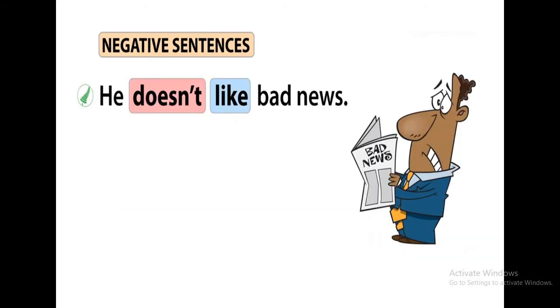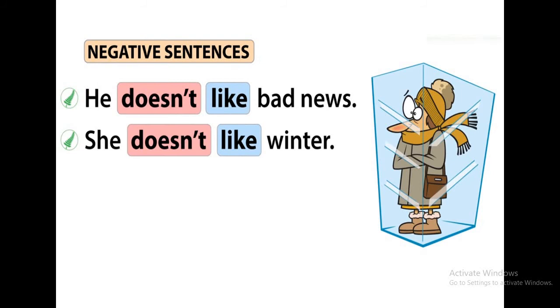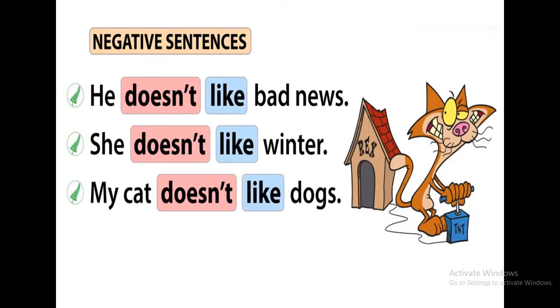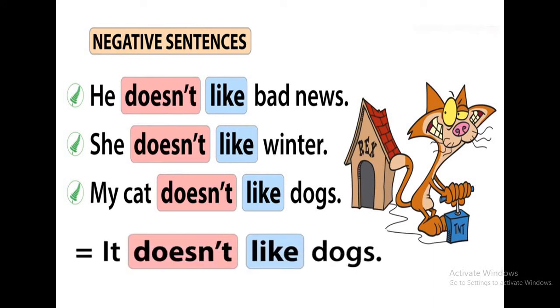More examples of negative sentences with doesn't like. He doesn't like bad news. She doesn't like winter. My cat doesn't like dogs. Again, my cat refers to it, so it will be it doesn't like dogs. And remember, no S at the end of like in negative sentences.